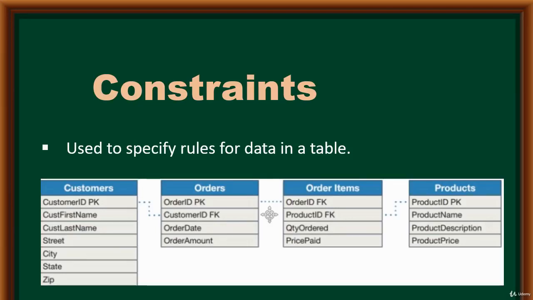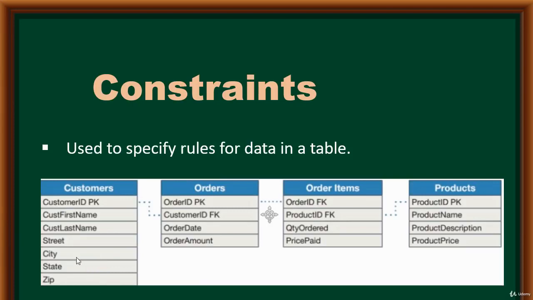So when you're creating the table, you can also implement different types of constraints. An example constraint you could implement, for example, in any of the fields, you could say you don't want the value to be null. Null basically means a value that is not known.